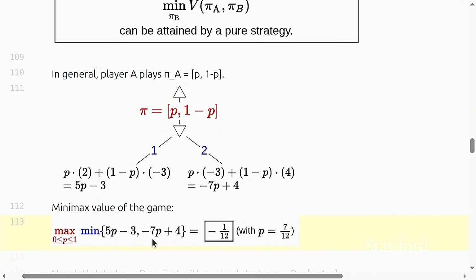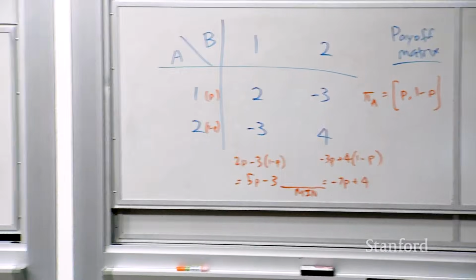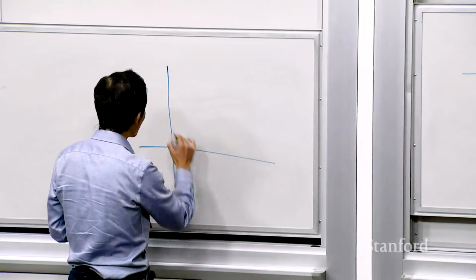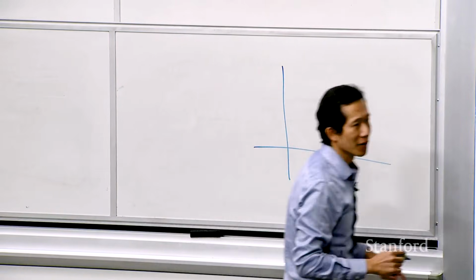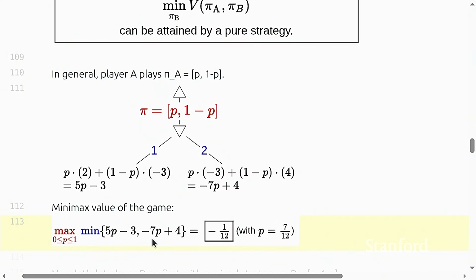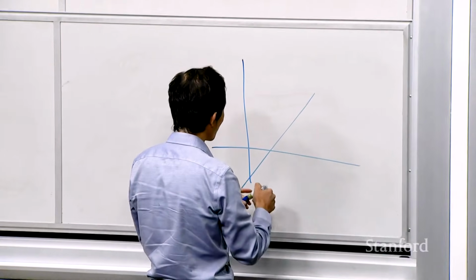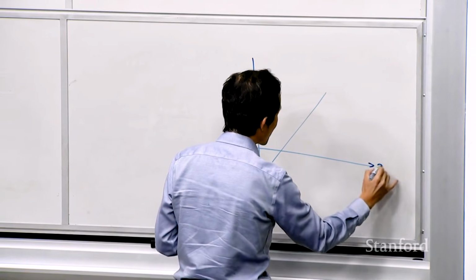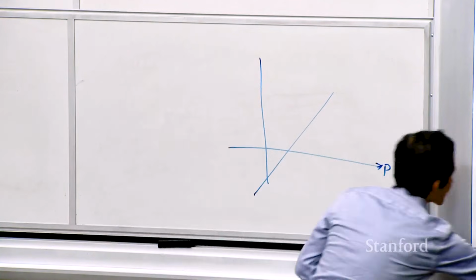Let's see if I can try to draw it. I don't think I can get exactly to scale, but basically you're taking the min over 2 things. So 5P minus 3 looks like this. And this is P, and this is, let me try to use a different color here.